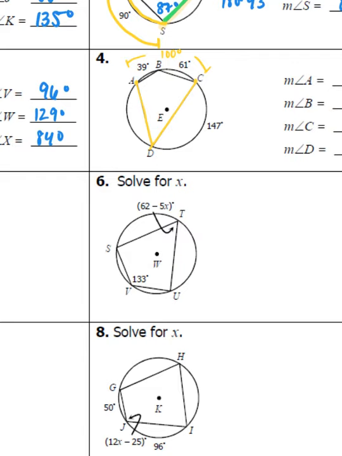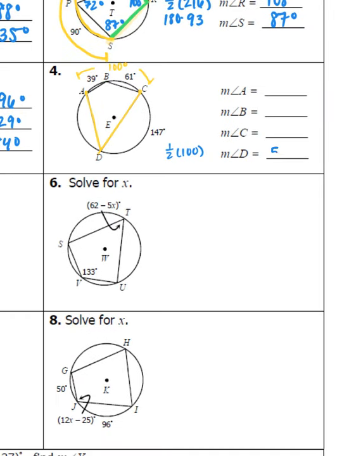So that means angle D is half of 100, which gives me 50. And then since angle B is opposite from angle D, I could do 180 minus 50. That gives me 130.